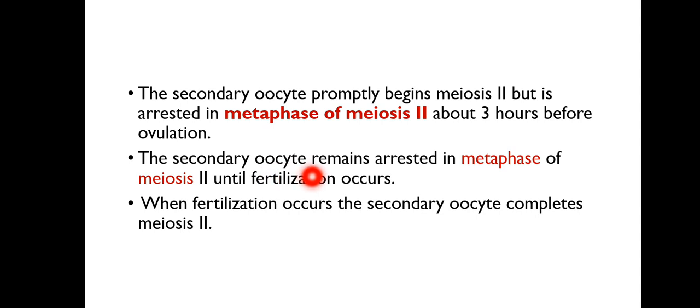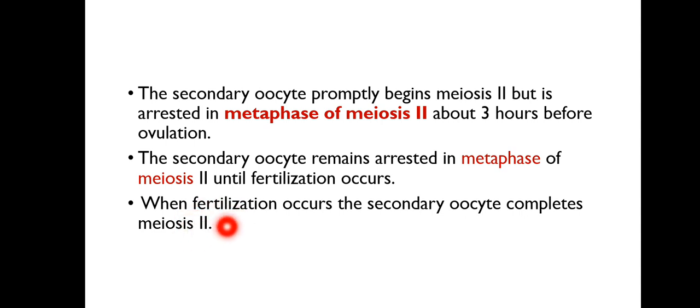Now, the secondary oocyte is going to remain arrested in metaphase 2 of meiosis 2 until fertilization occurs. So you must know that the egg that a woman ovulates has not finished meiosis 2. It remains dormant until fertilization occurs, and that's when it completes meiosis 2.